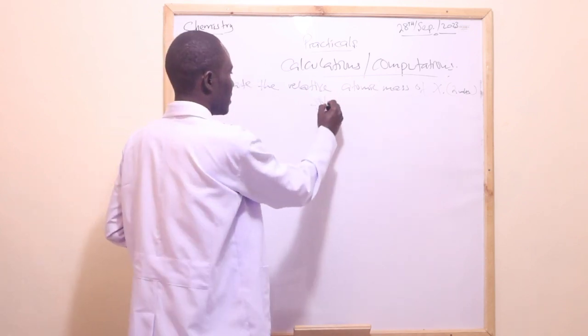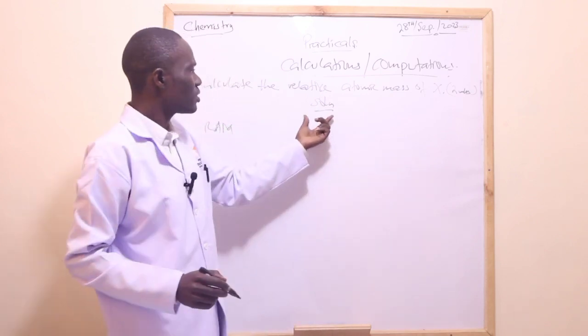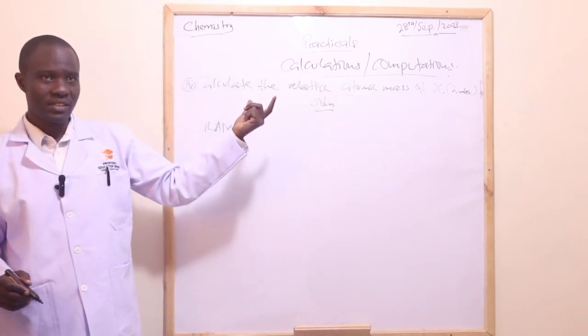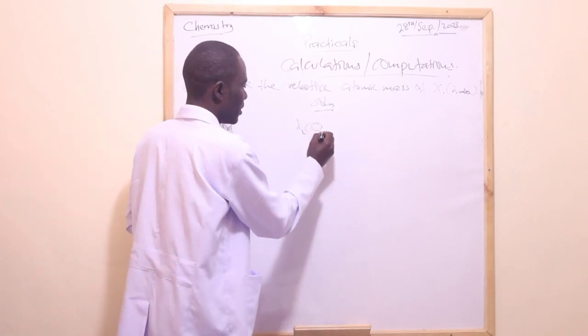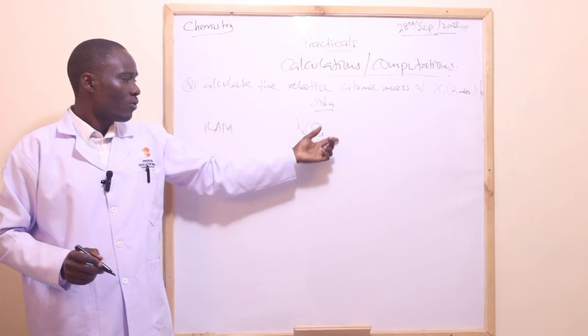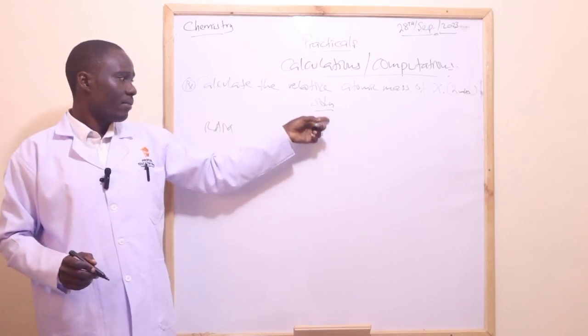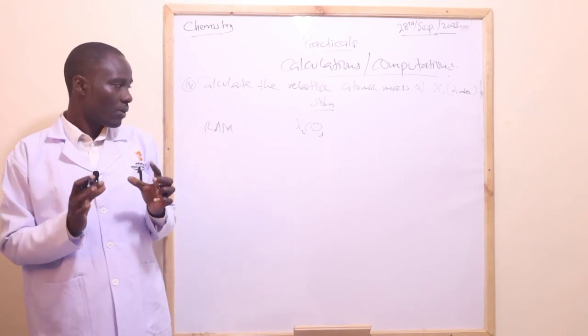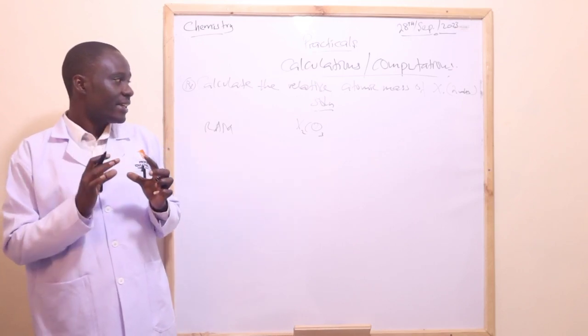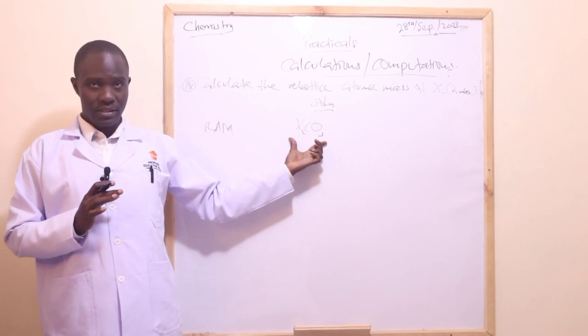So how should we go about finding the relative atomic mass of this X in the X carbonate? For us to be able to find the RAM of X alone, we need to use the formula for finding the relative formula mass.